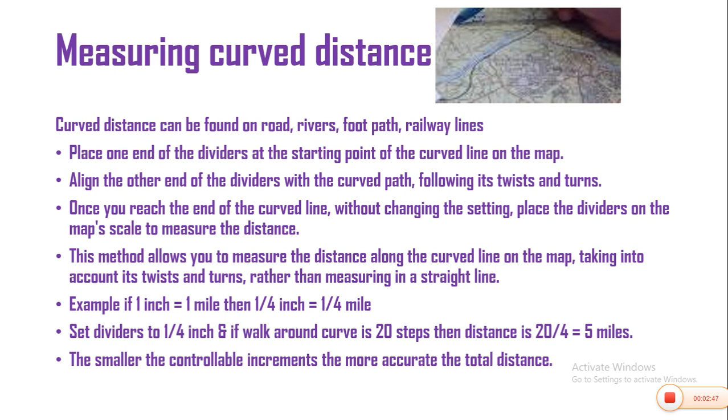Then use that measurement to count the number of times you move your divider from one end of the curved line to the other end. If your walk around the curve is equal to 20 steps, then the distance is equal to 20/4, which gives you 5 miles. The smaller the controllable increments, the more accurate the total distance.